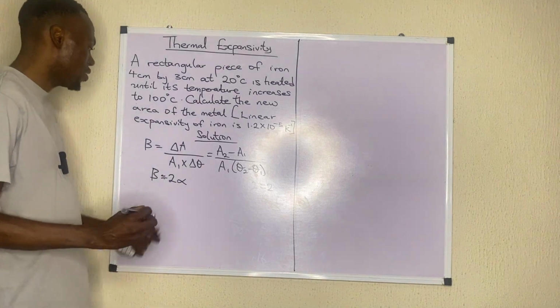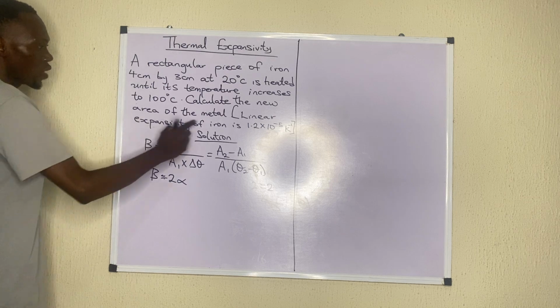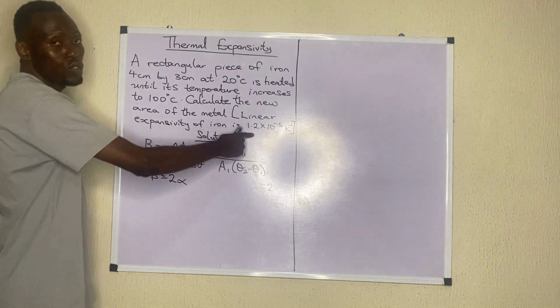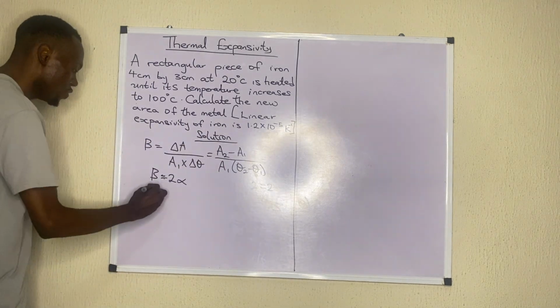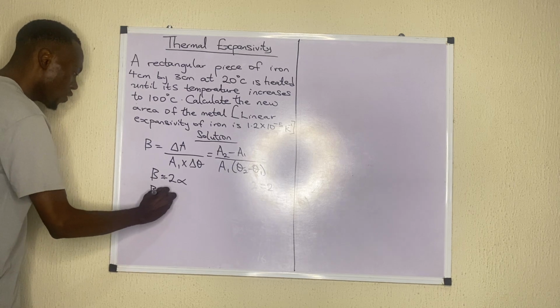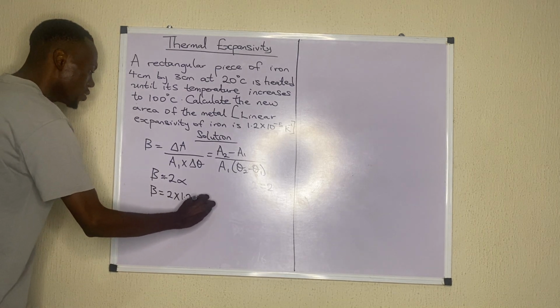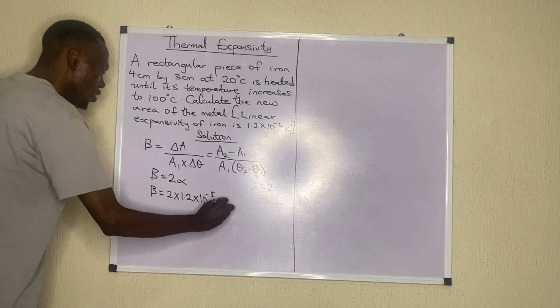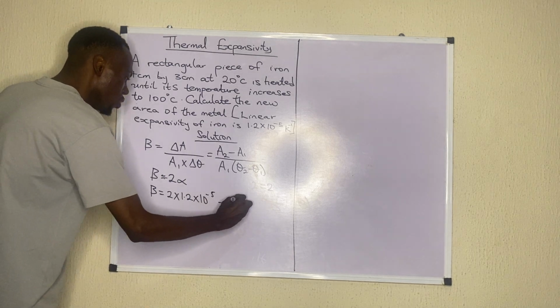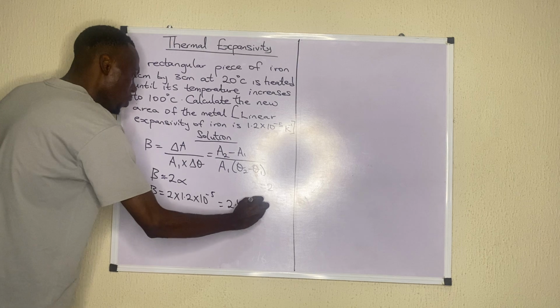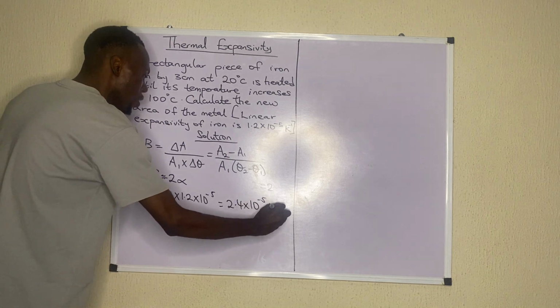So since the linear expansivity of iron is 1.2 times 10 raised to the power minus 5, the area expansivity of iron will be 2 multiplied by 1.2 times 10 raised to the power minus 5. And that will give us 2.4 times 10 raised to the power minus 5 per Kelvin.